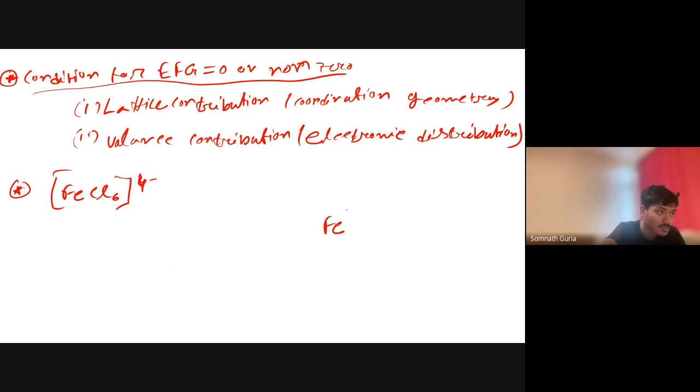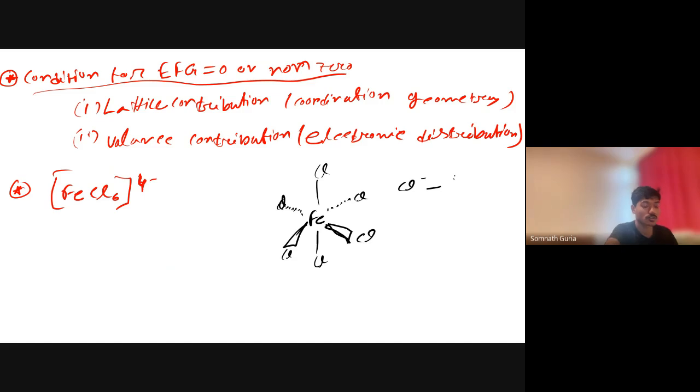So my Fe over here, with Cl, Cl, Cl, and Cl over here, Cl here, Cl here. Cl minus is a weak field ligand.